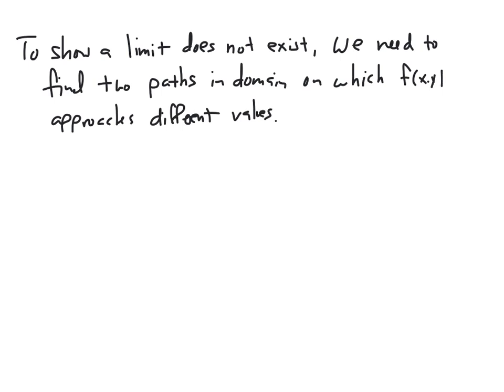So we have lots of options here. There's, like I said, infinitely many paths that you can approach. And so we'll look at a couple examples here of some different things that could happen.